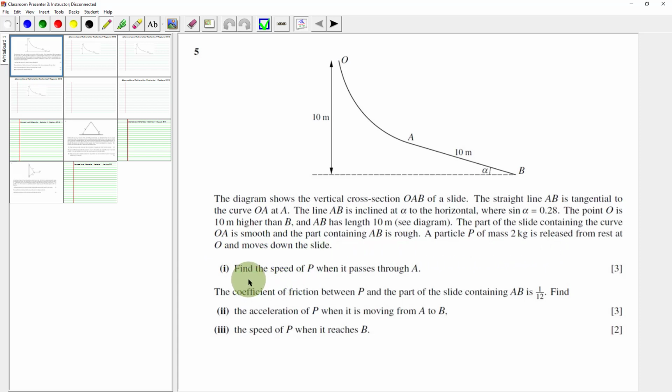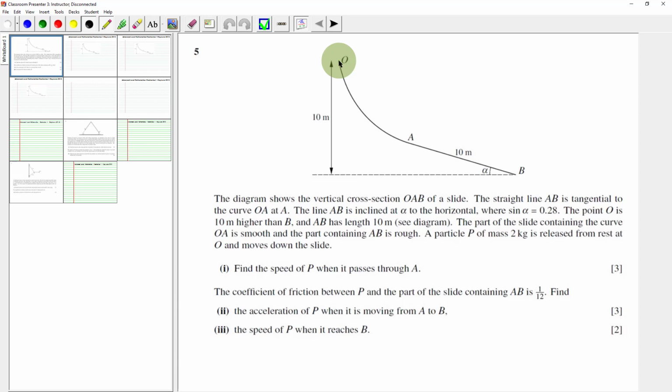Part 1. Find the speed of P when it passes through A. Now, how can we be able to do that, and yet this particle was not moving in a straight line? We can use energy considerations, because we are going to look at the gravitational potential energy that the particle has here.